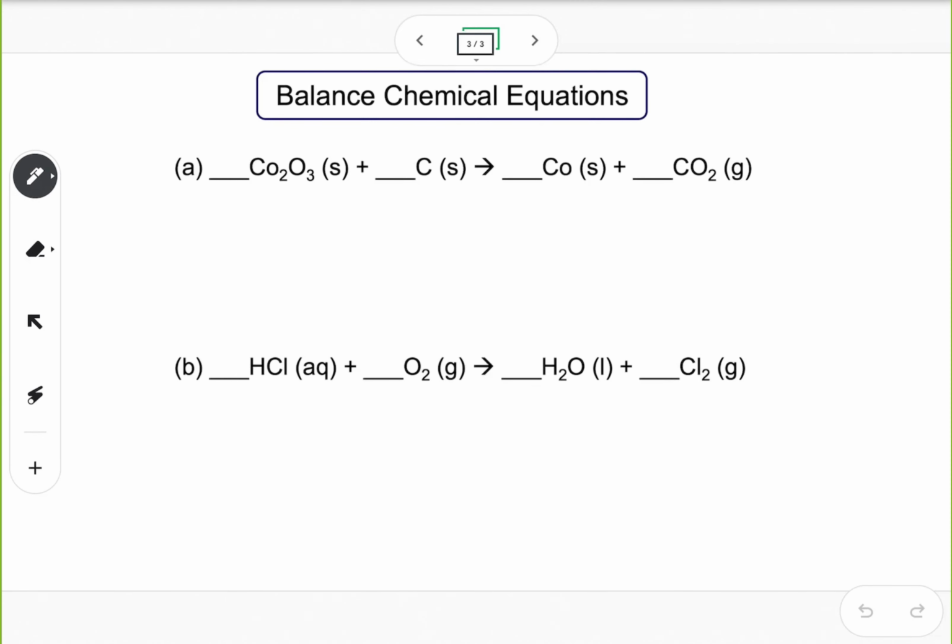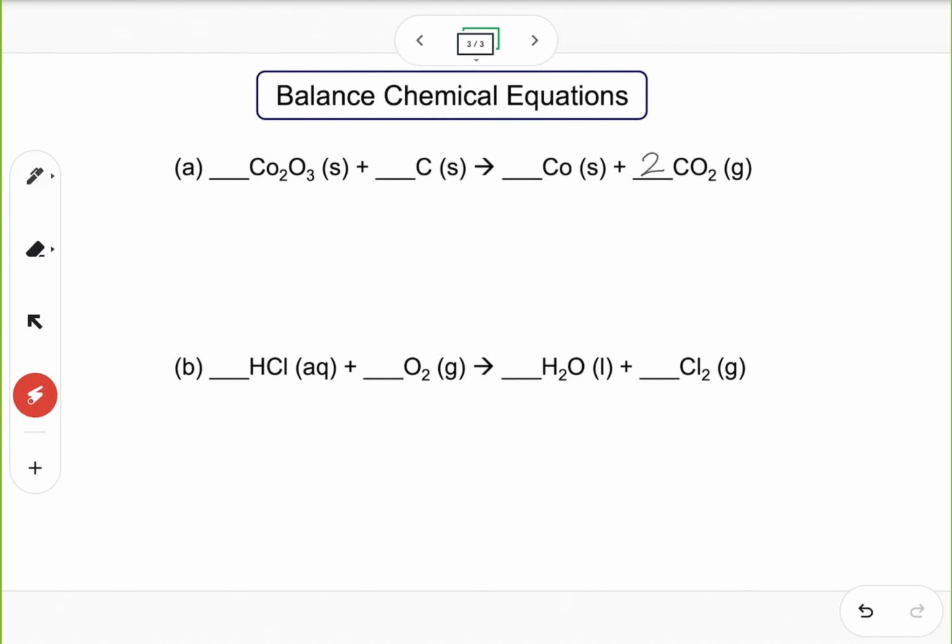How about we put 2 here? Now you have 4 oxygens here and 3 oxygens there. Between 4 and 3, you cannot put any integer to balance the oxygen. So maybe you need to go back to this number and double check. Maybe 2 is not a good number.